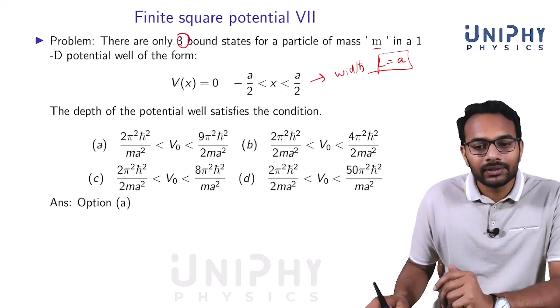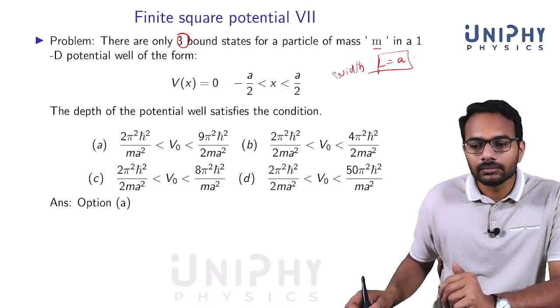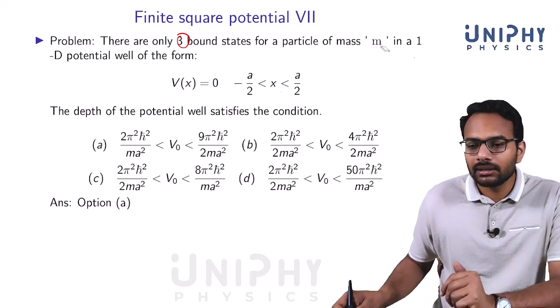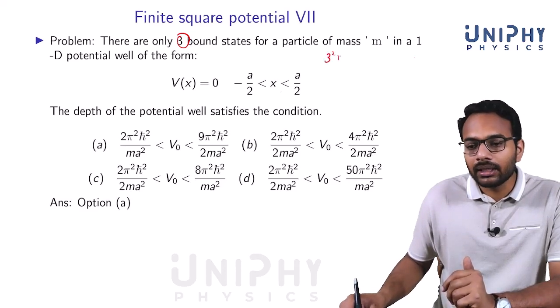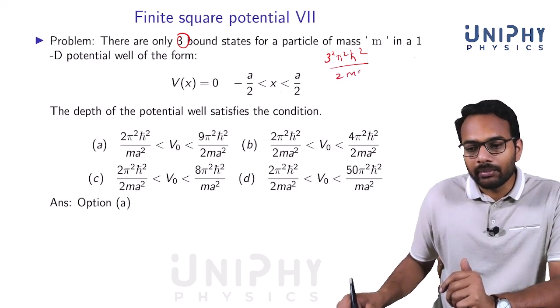So if there are 3 bound states, that means you would have the upper limit as 3 square pi square h cross square divided by 2 ma square.